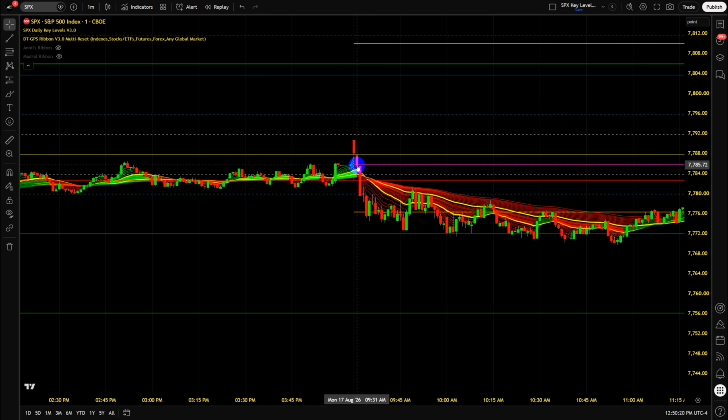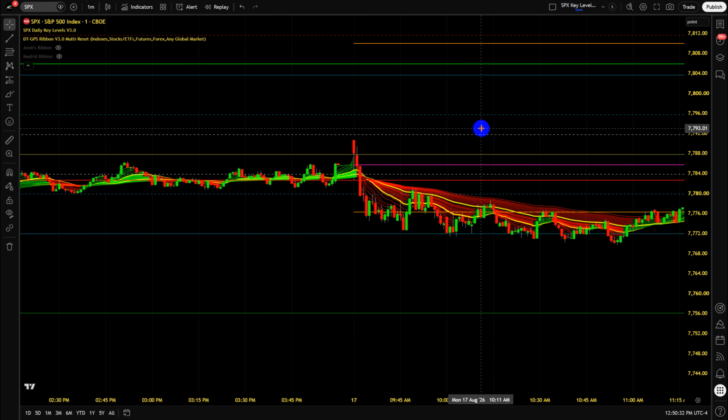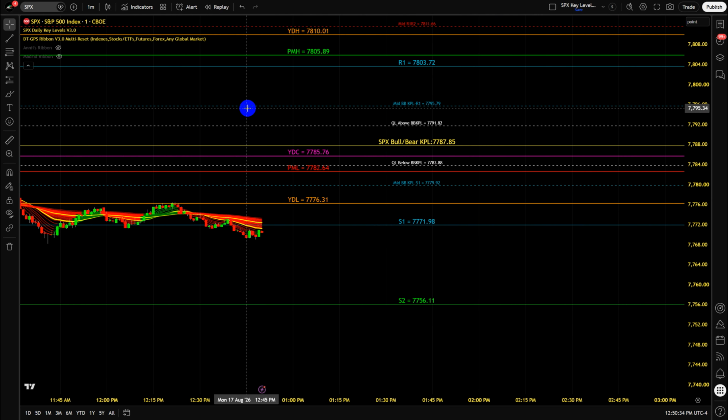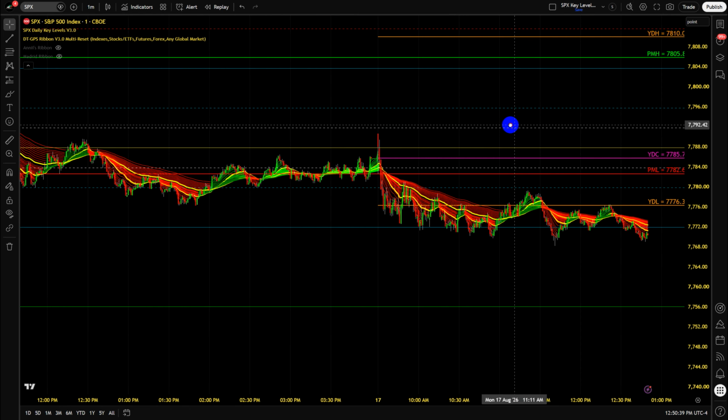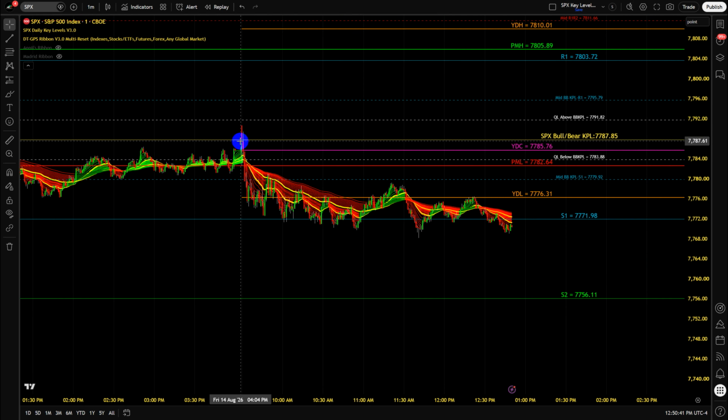So you're getting a conflicting signal here, and you're also getting the wrong signal, which is basically an all green ribbon. This particular candle closed right above today's bull bear key price level. So if we bring this out where we can see it a little closer, it may be a little hard to see here. It did close slightly above it, even though it was a red candle.